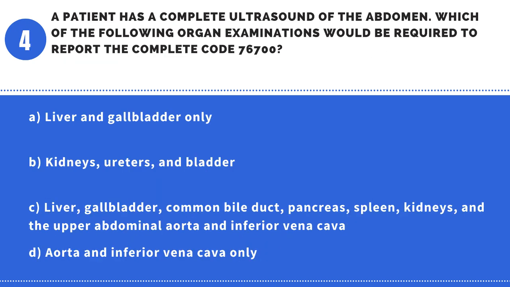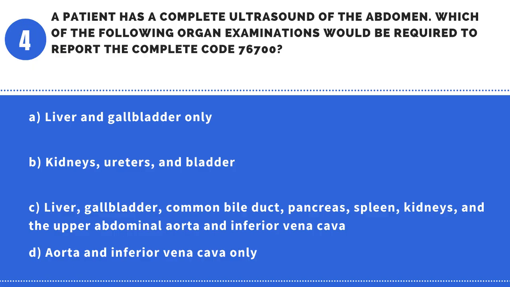Question 4. A patient has a complete ultrasound of the abdomen. Which of the following organ examinations would be required to report the complete code 76700? A. Liver and gallbladder only. B. Kidneys, ureters, and bladder.